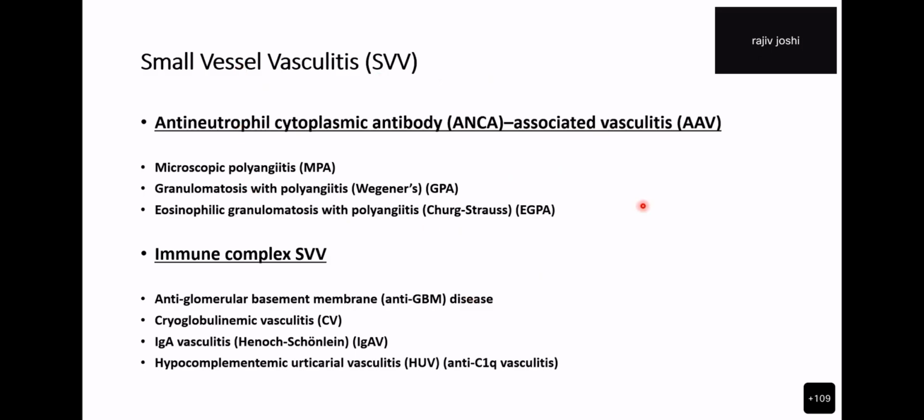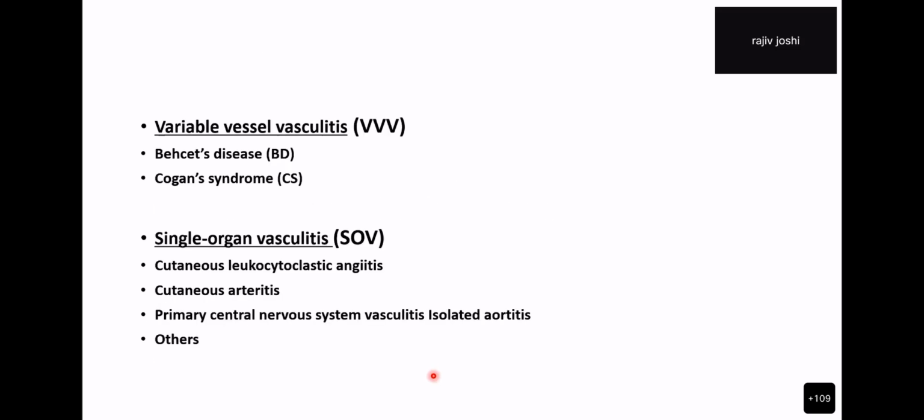Small vessel is further divided into many groups. You had ANCA associated, which included Wegener's, Churg-Strauss, microscopic polyangiitis. You had immune complex associated, where you had anti-GBM disease, cryoglobulinemic, IgA vasculitis, that is Henoch-Schönlein purpura, and hypocomplementemic urticarial vasculitis, which is often associated with systemic lupus erythematosus or other autoimmune diseases.